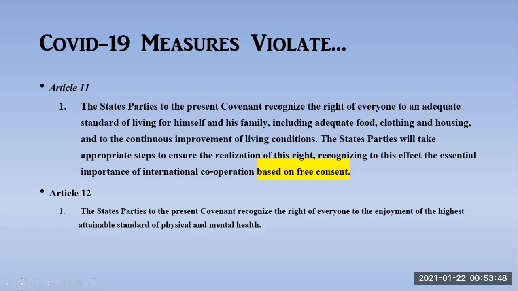Adequate food, clothing, housing. So by closing small businesses, you're depriving people of their ability to make a living for themselves and their family, which is making people dependent on handouts and making them desperate and making them depressed and making them suicidal and making them ill from stress and worry and fear.